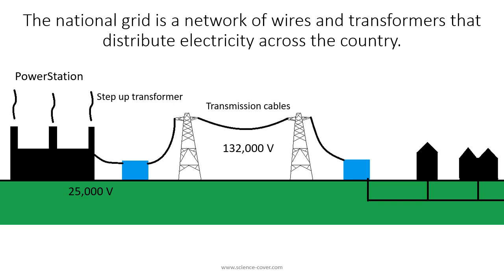We carry the electricity through transmission cables, and then when we get to the towns and the cities, we need to lower that voltage and raise the current so that we can send it into people's homes and offices. So to do this, we use a step-down transformer, and the 132,000 volts will be stepped down and become just 230 volts. But this raises the current that can then be used inside homes and offices.